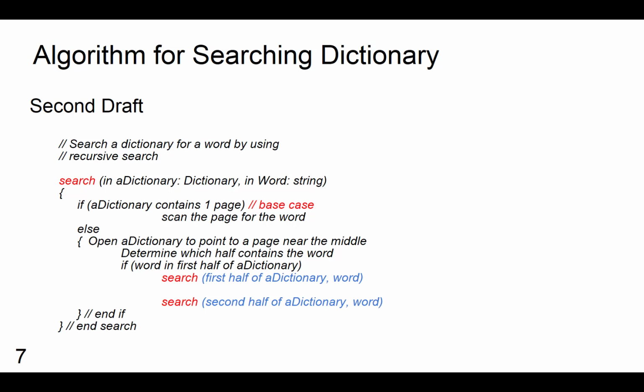Otherwise, we open the dictionary near the middle and then determine which half contains the word. If the word is in the first half, we search recursively on the first half of the dictionary. Otherwise, we search the second half of the dictionary.